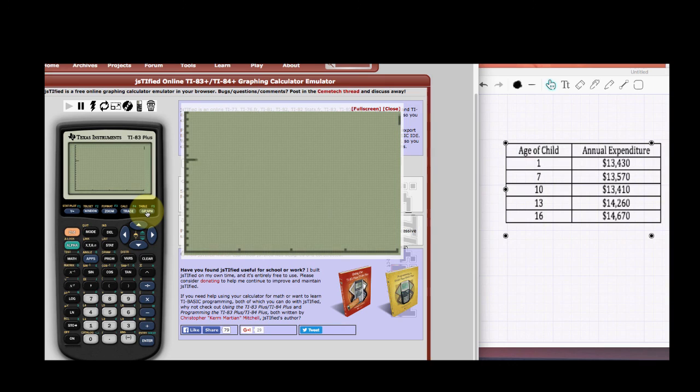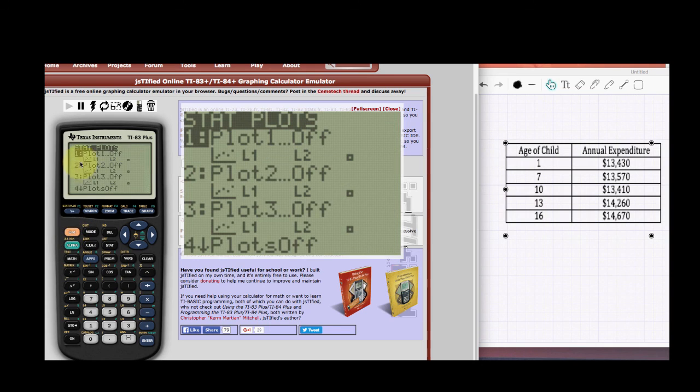So actually in the graph now I see the line. One of the other things that this question specifically asks for is to also graph the data itself. In order to do that, you see how right above the Y editor it says stat plot. So we can plot the stat data. Because it's in yellow, you hit second stat plot, and then the first stat plot I'll just turn on.